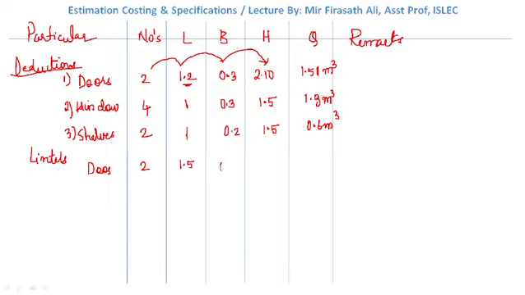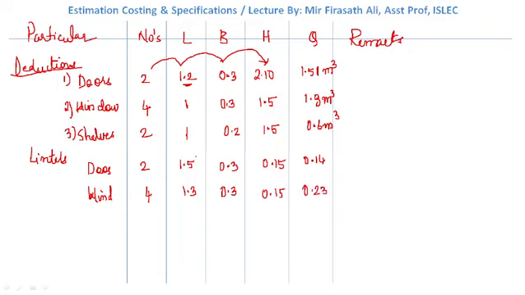Thickness is same, 0.3, height is 0.15, it is 0.14. Next, for windows, we have 4 windows. Similarly, 1.3, 0.3, 0.15. This quantity is 0.23.